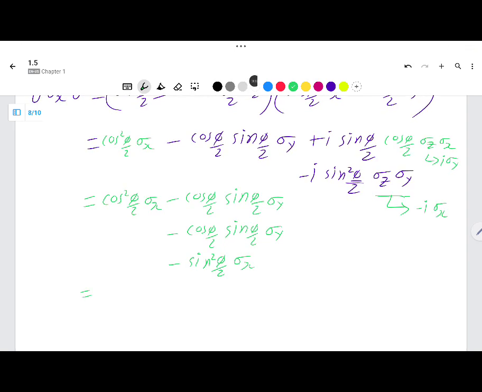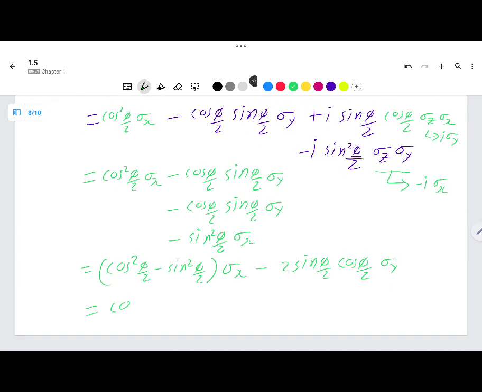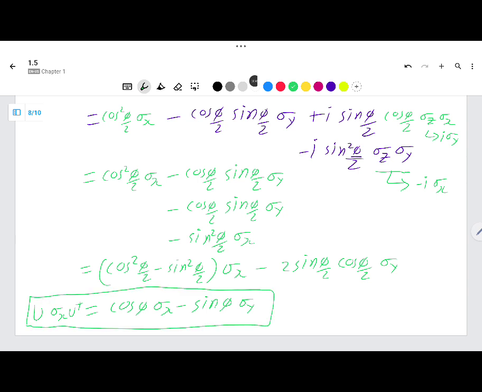So we can use the formula for cosine. Minus sin phi, this will give me cos phi sin x, sin phi sigma y. Okay, so this is how this transformation works.